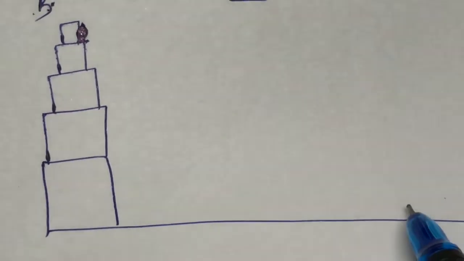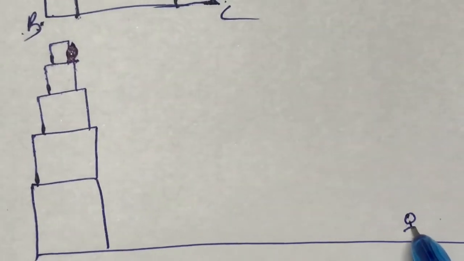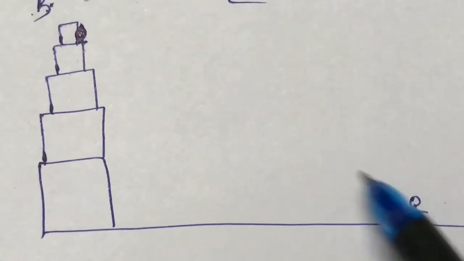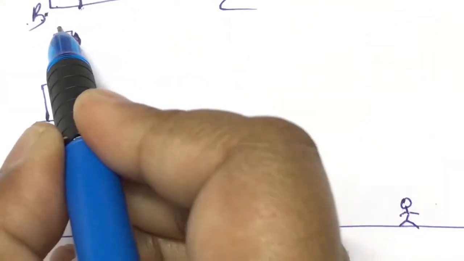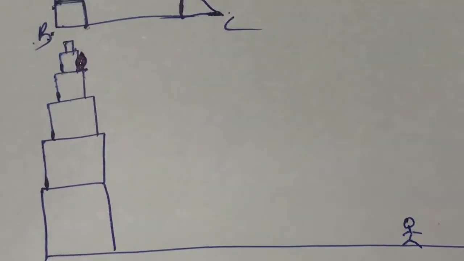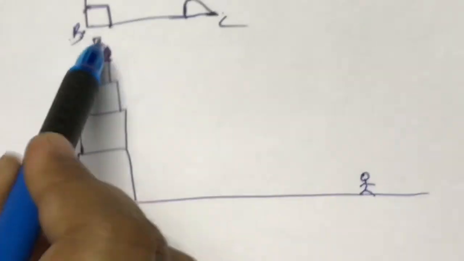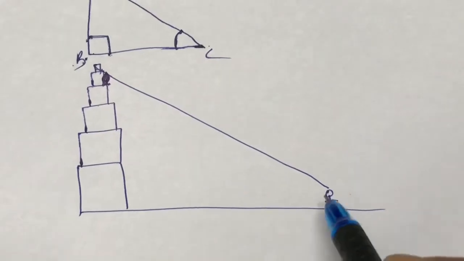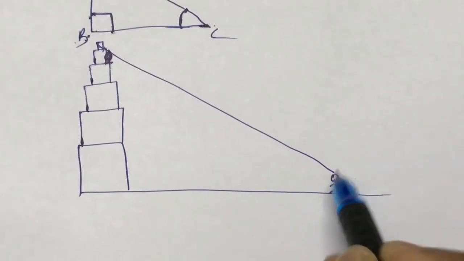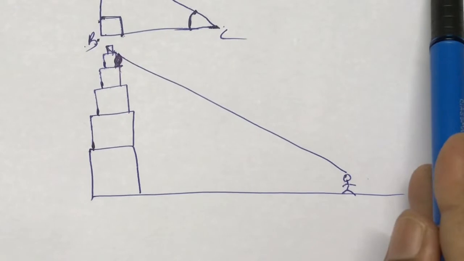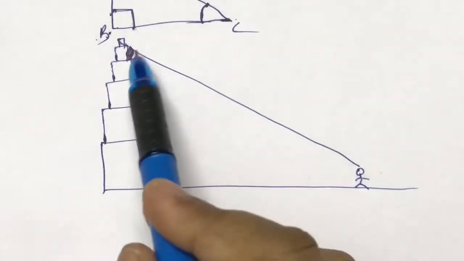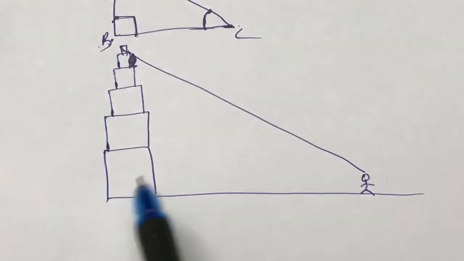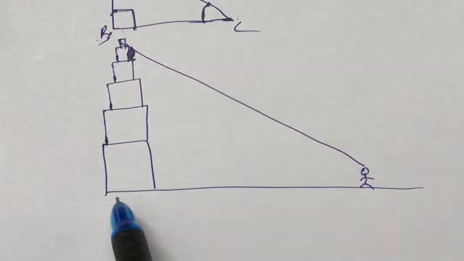You are somewhere here, and from here you are looking at the Qutub Minar, and this is the top point of it. On the basis of trigonometry, you can calculate the height of the Qutub Minar. Not the exact height, but you can calculate the approximate height.